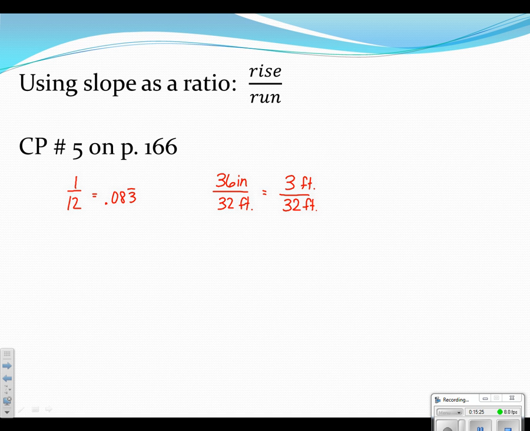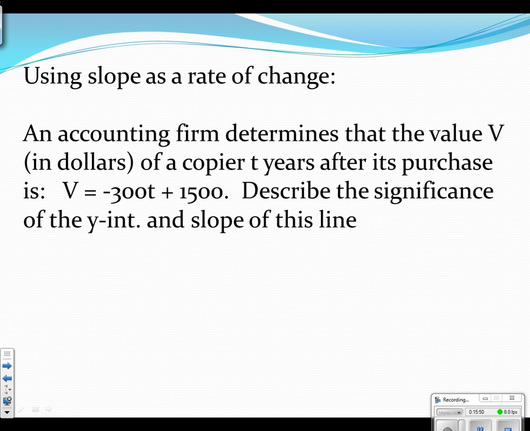If we do the decimal form of this, we get roughly 0.09375. That is a higher number than the 1 to 12 ratio that is required for a wheelchair ramp. So this one is in fact going to be too steep. They cannot use that rise to run ratio.